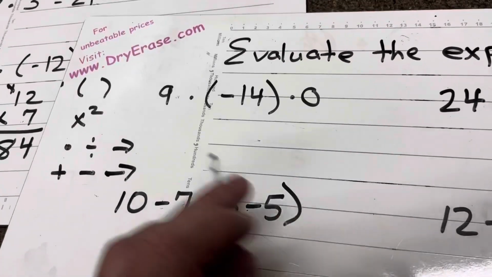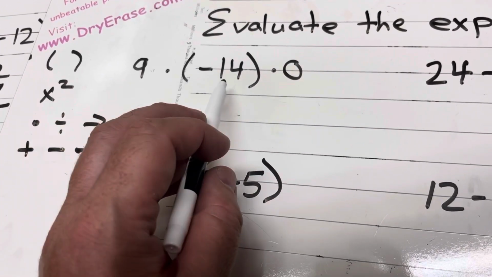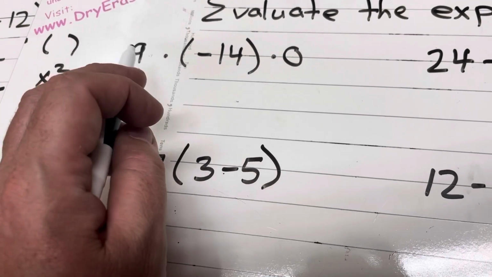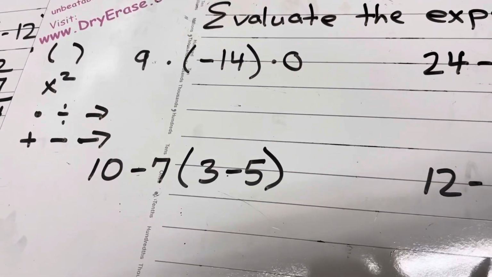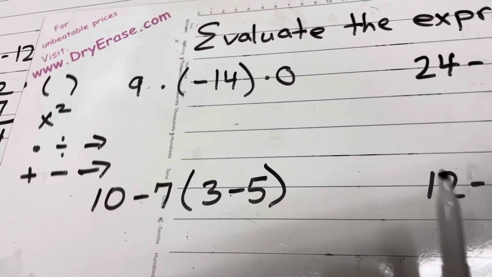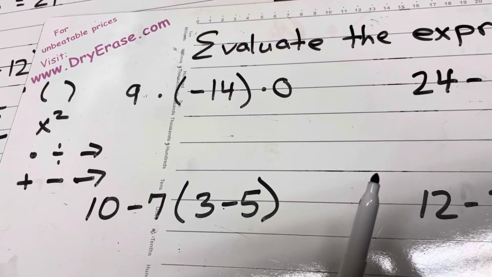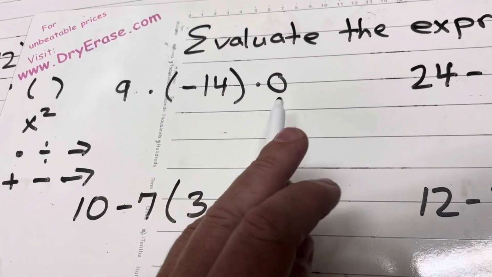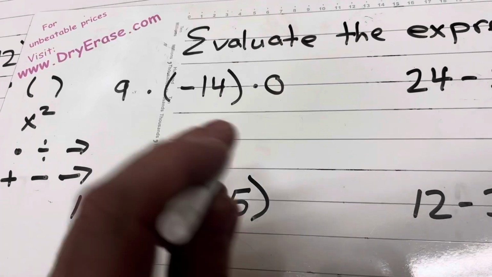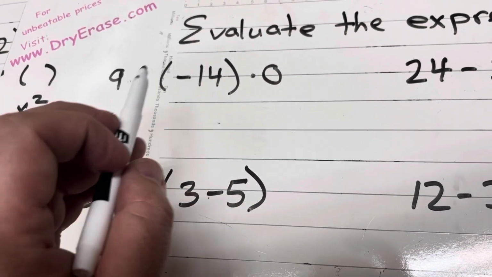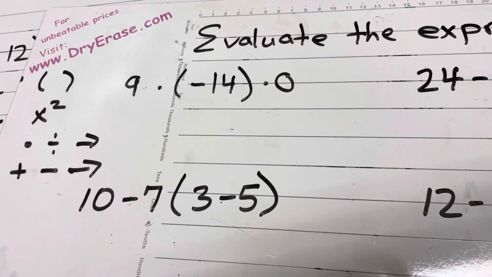So here in this one, the first thing I want to do is clear the parentheses. And I have to do that by doing 9 times negative 14. Now, here's the catch on this one. There's a 0 here. And so it doesn't matter what 9 times negative 14 equals.